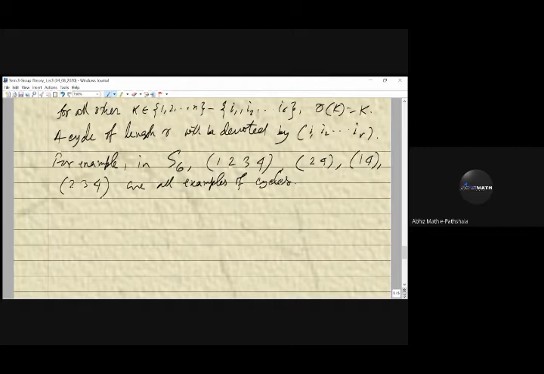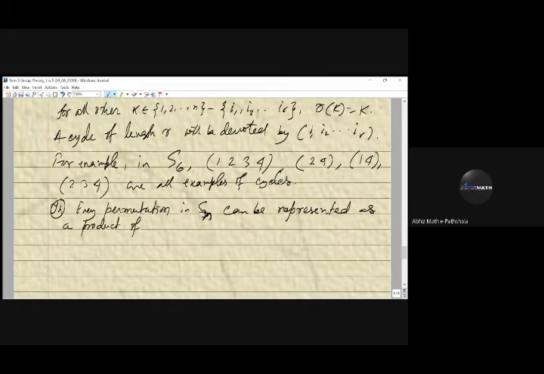That is, the theorem is that every permutation in Sn can be represented as a product of finitely many distinct cycles.